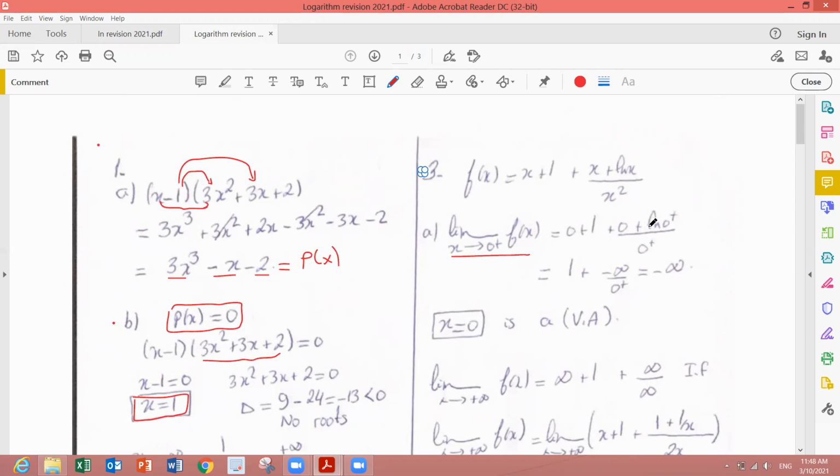Ln 0 is minus infinity. We get 1 plus minus infinity over 0 plus, which equals minus infinity. Then x equals 0 is a vertical asymptote. Then the line D, x equals 0, is a vertical asymptote, the y-axis.